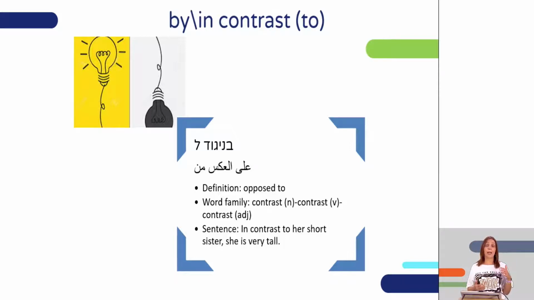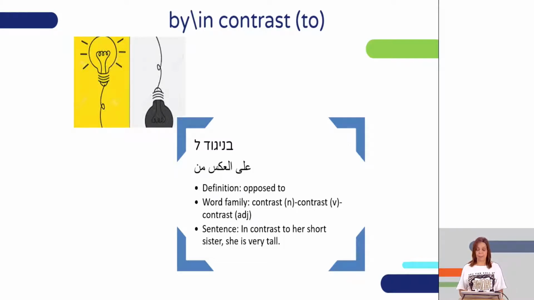For example, we have short, tall, thin, fat. So here we have the definition, as I told you, it's opposite to. And we have some words from the same family. For example, we have contrast alone is a noun, and to contrast is a verb, and contrast as an adjective as well.